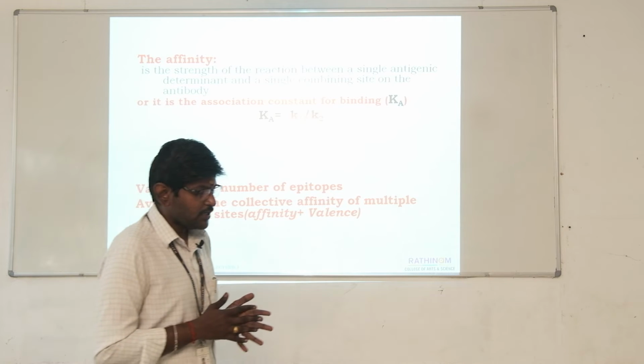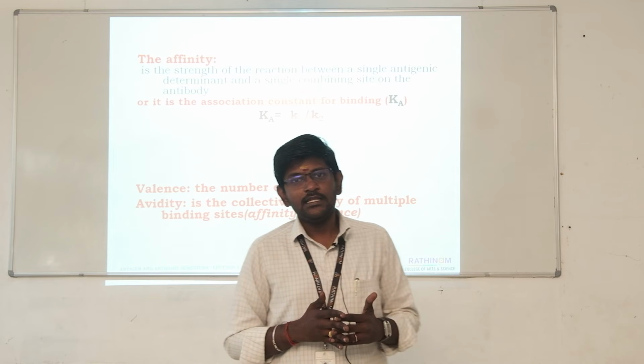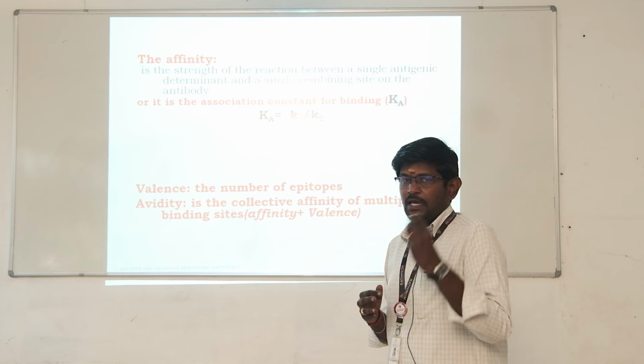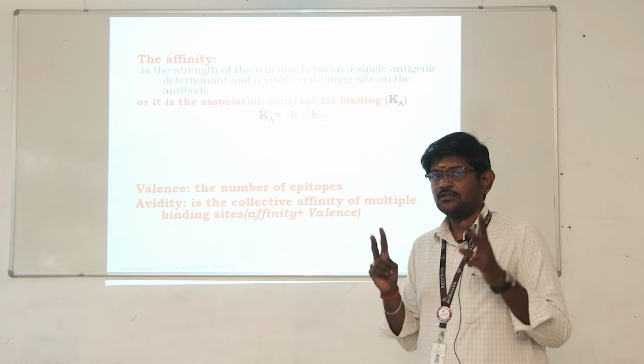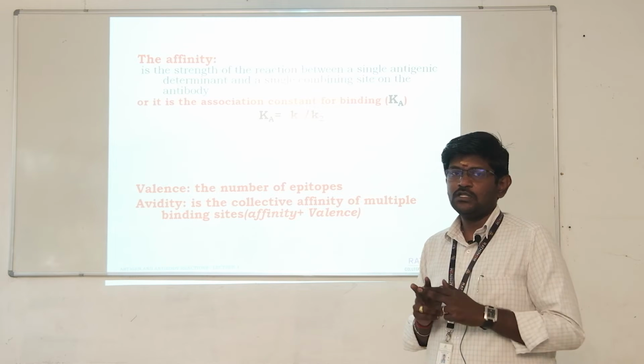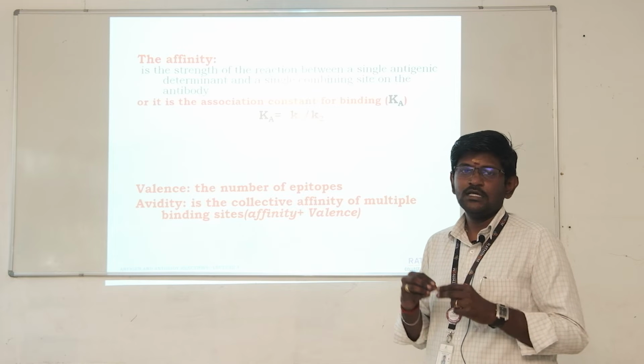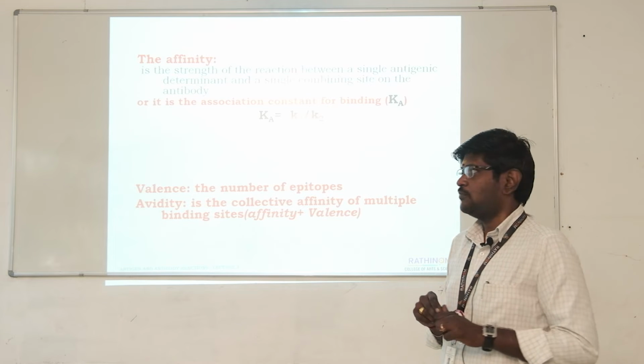In other words, you can call it the number of empty paratopes that are available for an epitope to get attached. This is present on the outermost part of your antibody, that is the Fab region of your antibody.